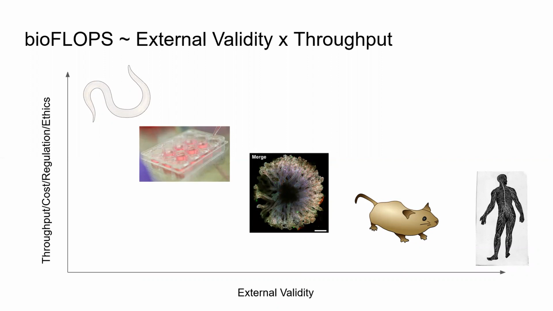Could have put Drosophila there. Below that, you have some cells being grown in a dish, maybe induced pluripotent stem cells. To the right of that, you have a little kidney organoid, very nice looking kidney organoid, which is slightly more complex than the iPSCs, or cells just grown in a flat dish. To the right of that, you have a mouse. And finally, to the right of that, you have a human.